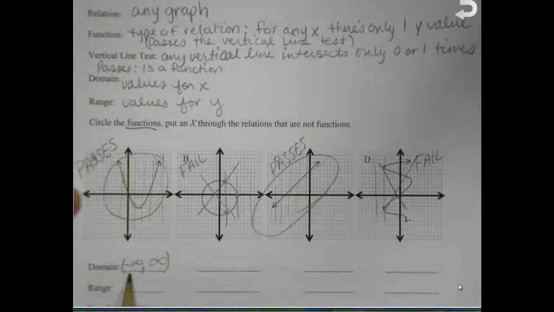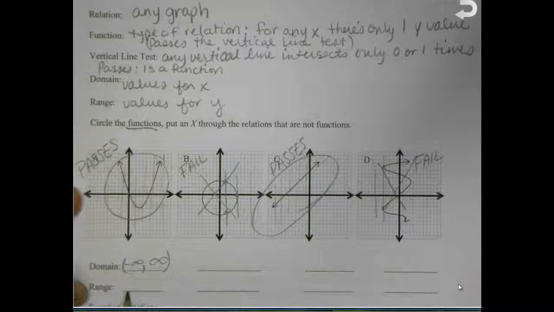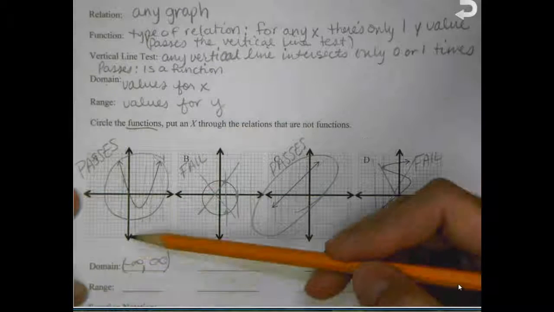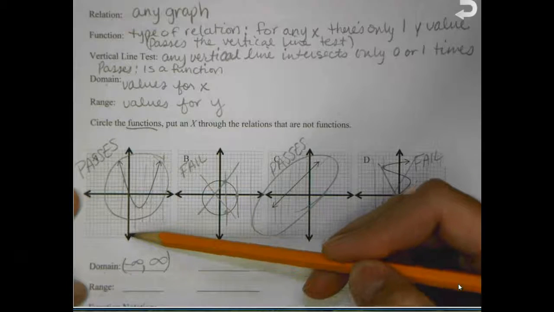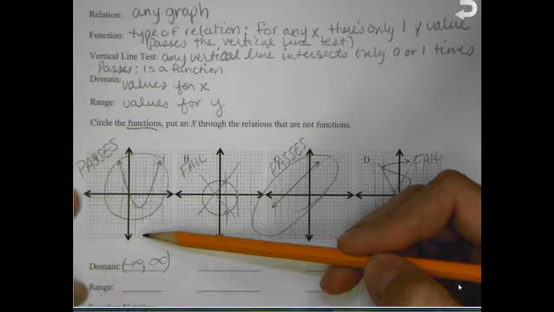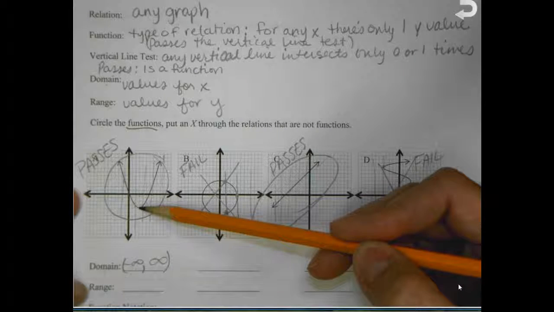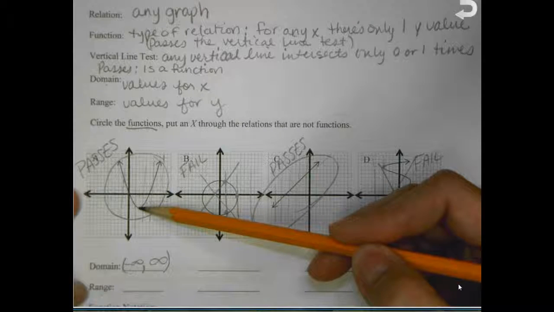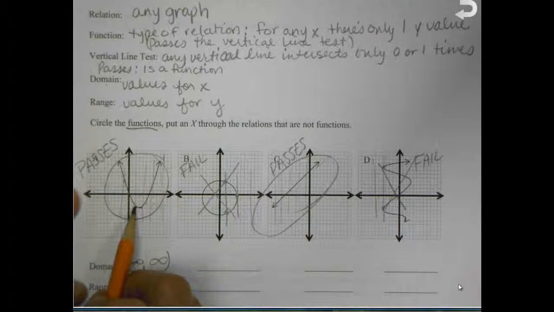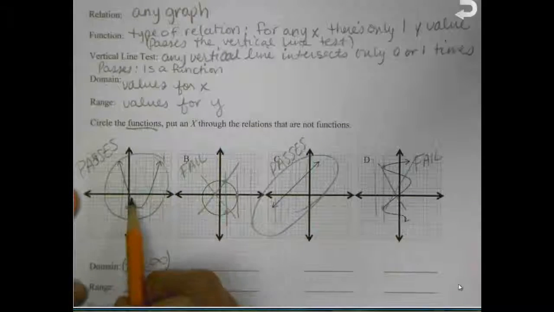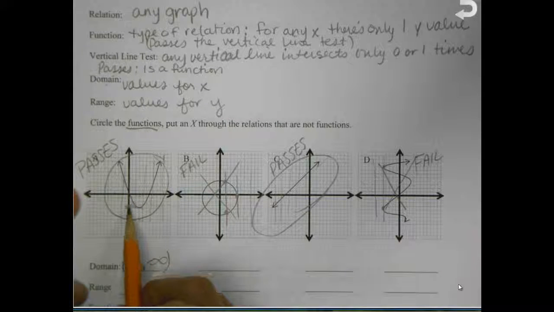So -infinity to +infinity for this function, and the range is going to be the y values. So if I'm down here at -1000, for example, and I come across, will I eventually hit a point on my graph? And the answer is no, because the first point that I would be able to have a y value that matches is right here, and if I go across, it's right there, 1, 2, 3, 4.